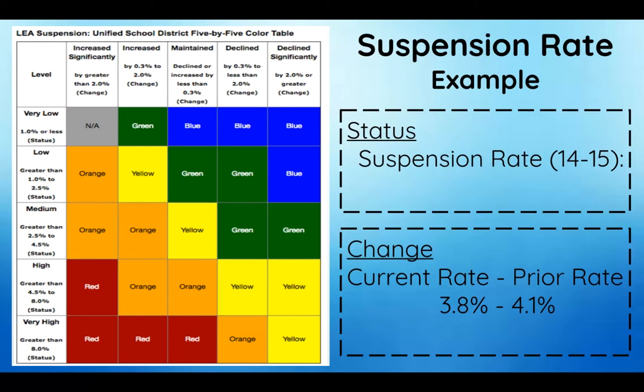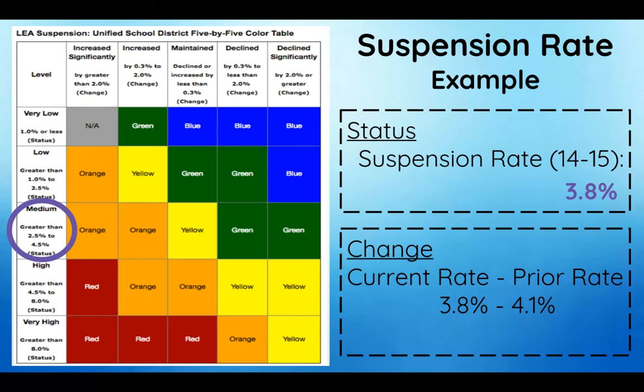Let's take an example for suspension rates. Suppose a unified district had the following suspension rate for the 2014-15 school year of 3.8%. This is considered the district's status level. The district would place within the medium level. To calculate change, first obtain the prior year's rate. For this sample district, the previous rate was 4.1%.